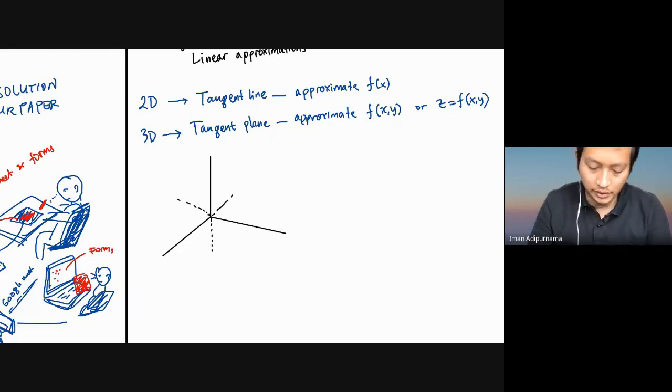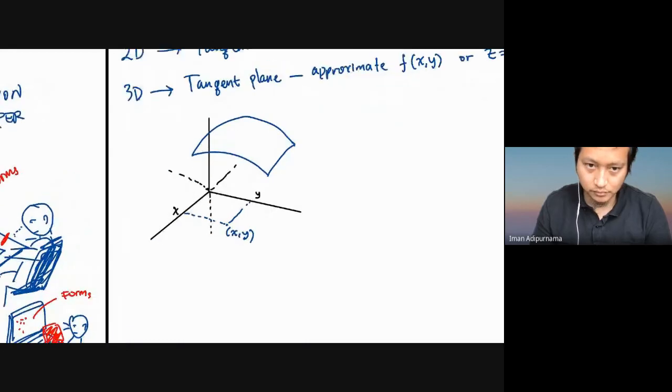So let's say this is my surface, and this is the point that we are going to look for, any random point on x, y, or maybe to be specific, x0 and y0.